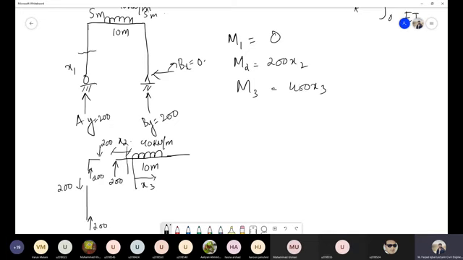Daniel is saying that it should be 400 into x3. Do we need to consider some other force as well? Sir, the distance of the force being transferred is 0, so I did not count it. This 200, 3 square, this distance is 5. This is x3.